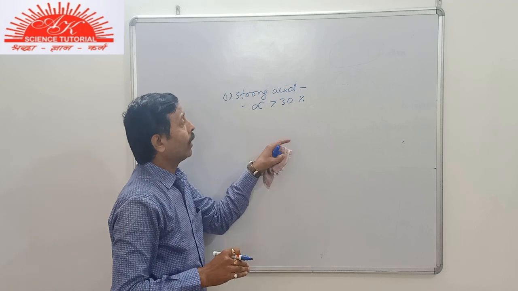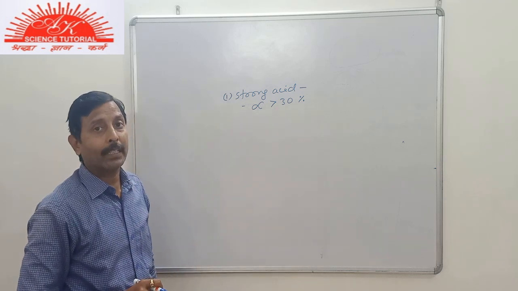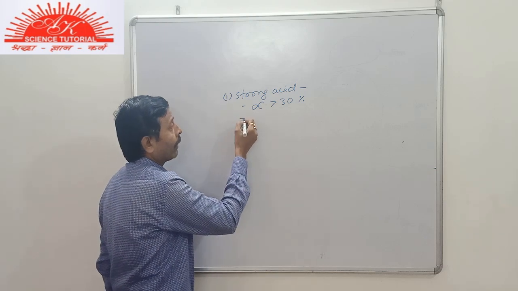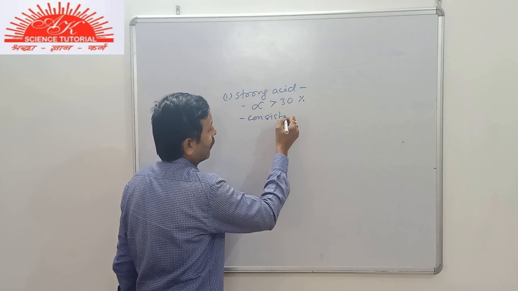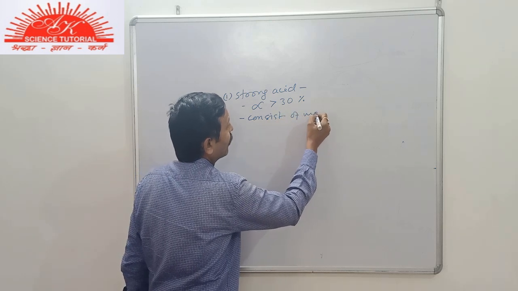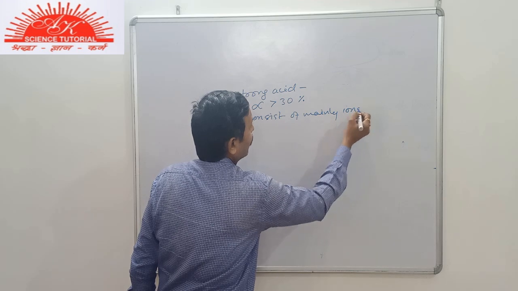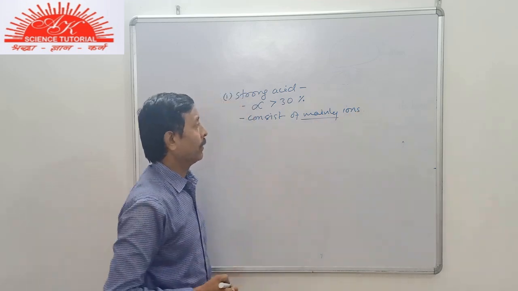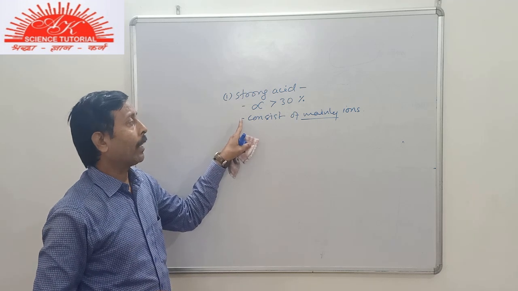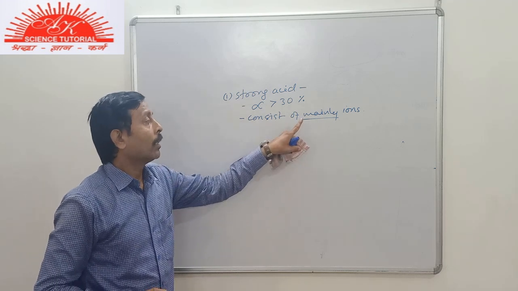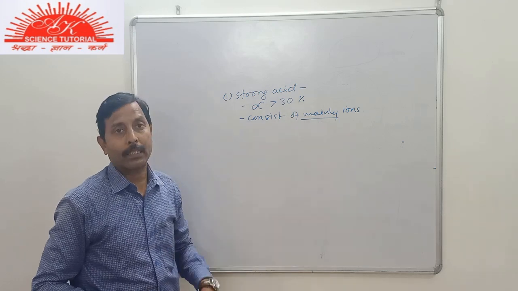Means out of 100 molecules, more than 30 molecules of the acid will change into ions in that solution. Next, it consists of mainly ions. We have to see here the term mainly, not only, because no compound will ionize 100% in aqueous solution, but mostly it ionizes, so we say mainly ions.